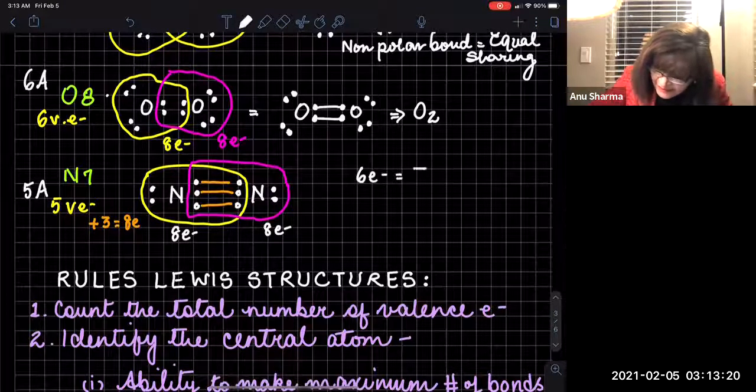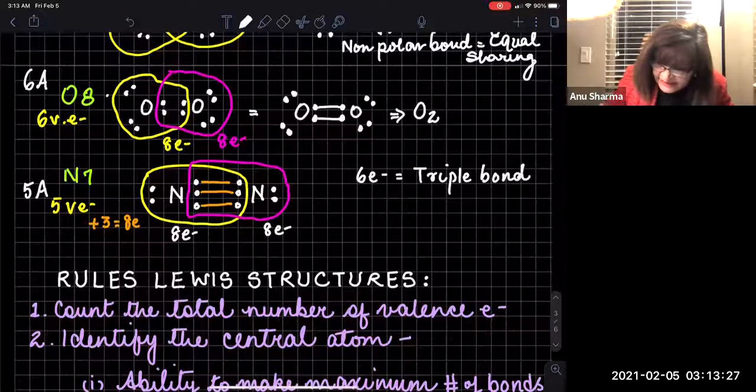That means it is a triple bond. So you can also show it like this: nitrogen, triple bond, nitrogen, and this is N2.